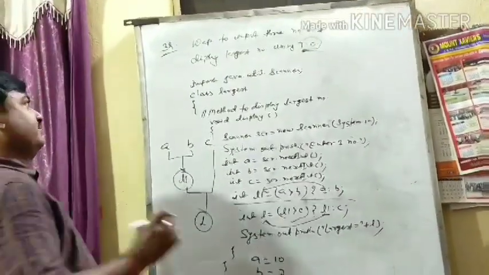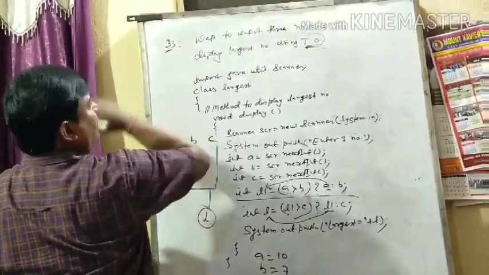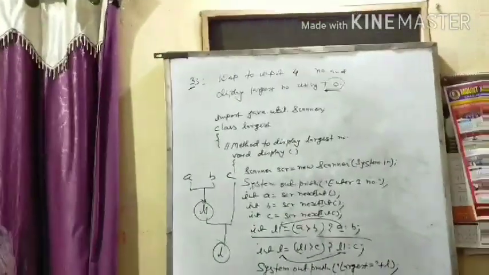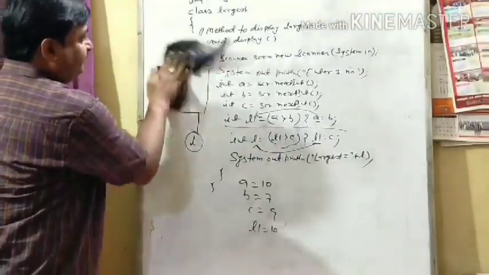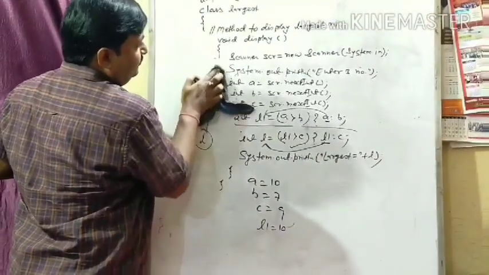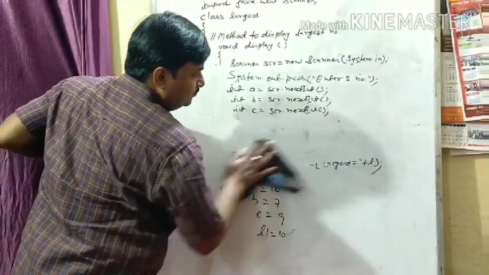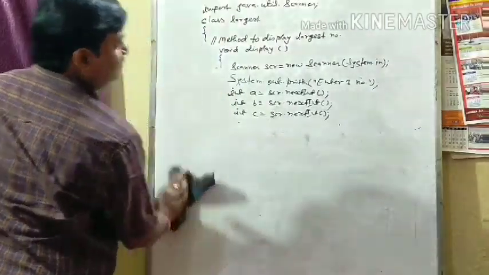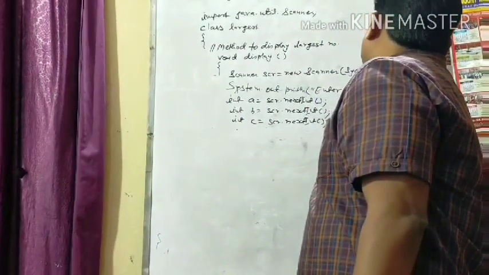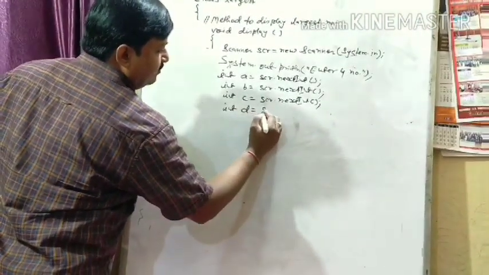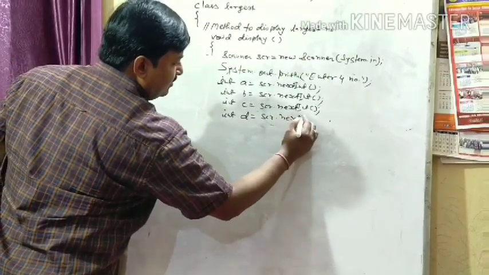Now, question number 33. Write a program to input 4 numbers and display the largest using the ternary operator. Enter 4 numbers: int A, int B, int C, int D equal to scr dot nextInt.